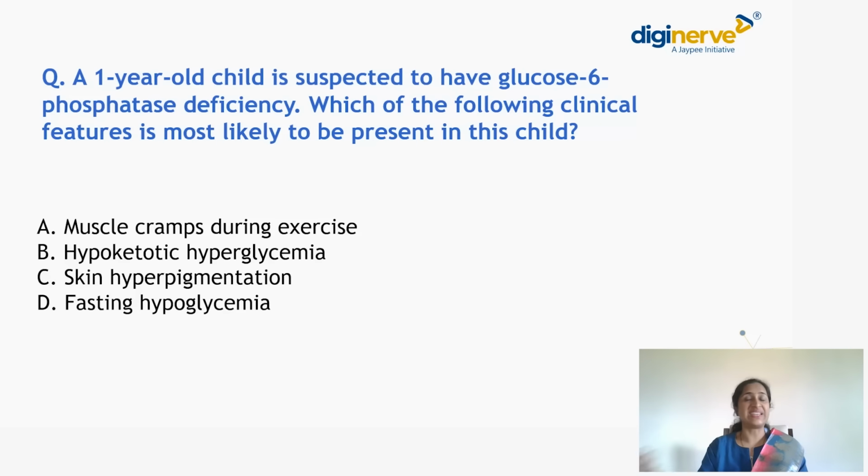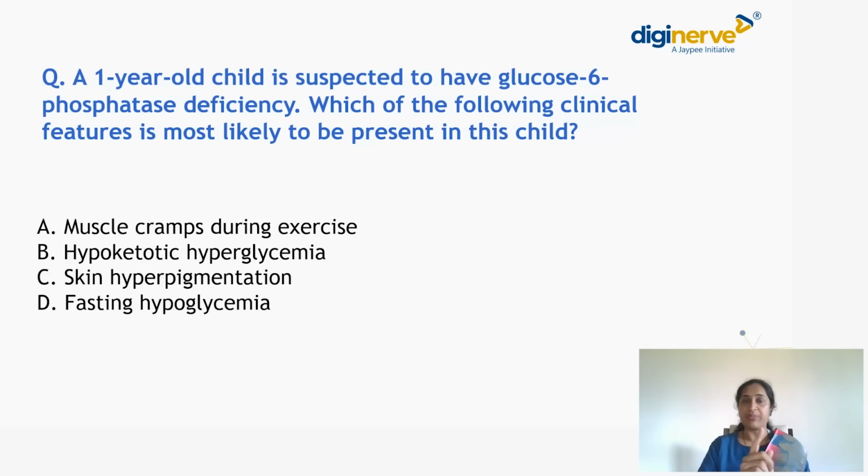Hyperglycinemia is a condition seen in fatty acid oxidation defects, like the carnitine metabolism pathway, carnitine palmitoyl transferase deficiencies, sorry. Hypoketotic hyperglycinemia is seen in fatty acid oxidation defects.